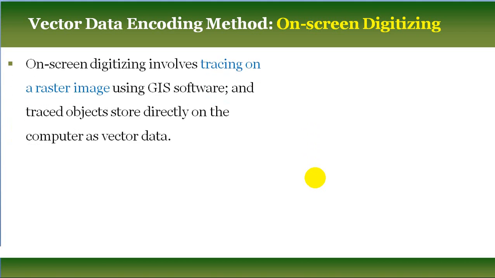On-screen digitization involves tracing on the raster image. I think most of you have already performed tracing on tracing paper using a pen or pencil. So the same thing we will perform here, but this time we will perform tracing on a raster image using your computer screen and your GIS software.